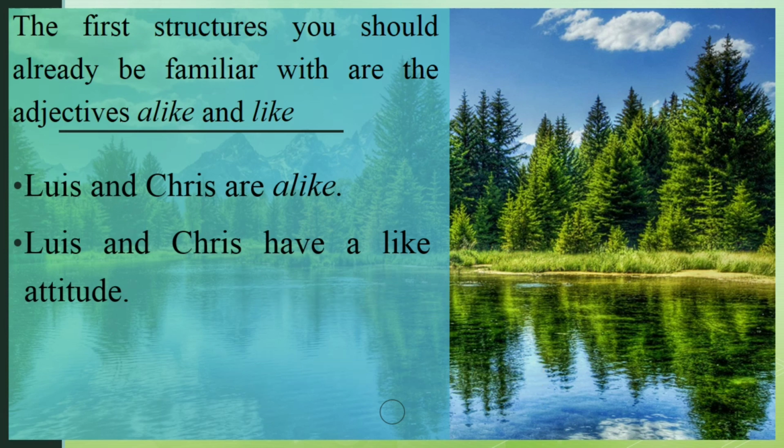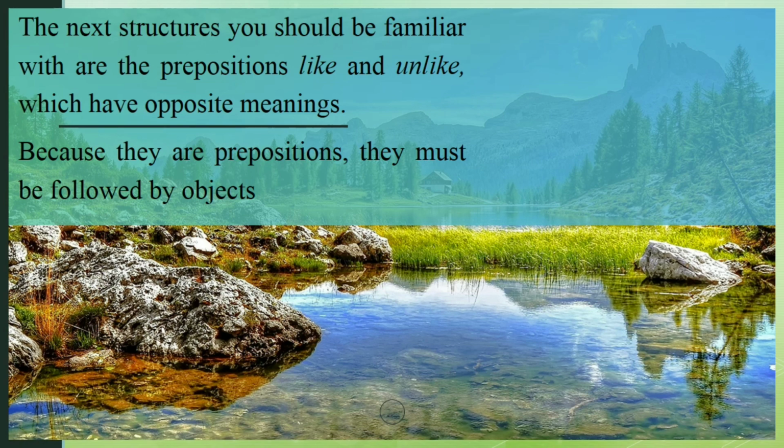Okay? Secondly, the next structures we should be familiar with are like and unlike, which have the opposite meanings. Both of them are prepositions. Jadi, like bisa jadi preposisi, bisa juga jadi kata sifat, seperti structure yang pertama tadi. Okay?